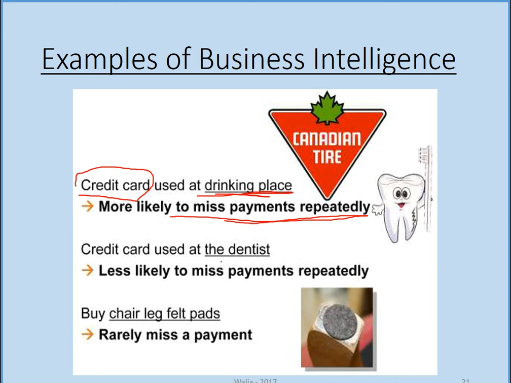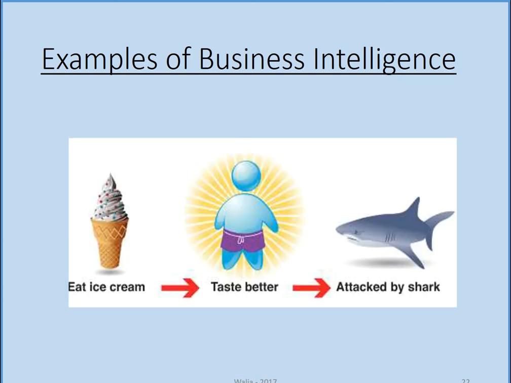In the same way, people who use their credit card at the dentist were considered quite safe and less likely to miss payments. And people who bought the pads that go under your chair legs or table legs were considered very credit worthy, because they would almost never miss a payment.